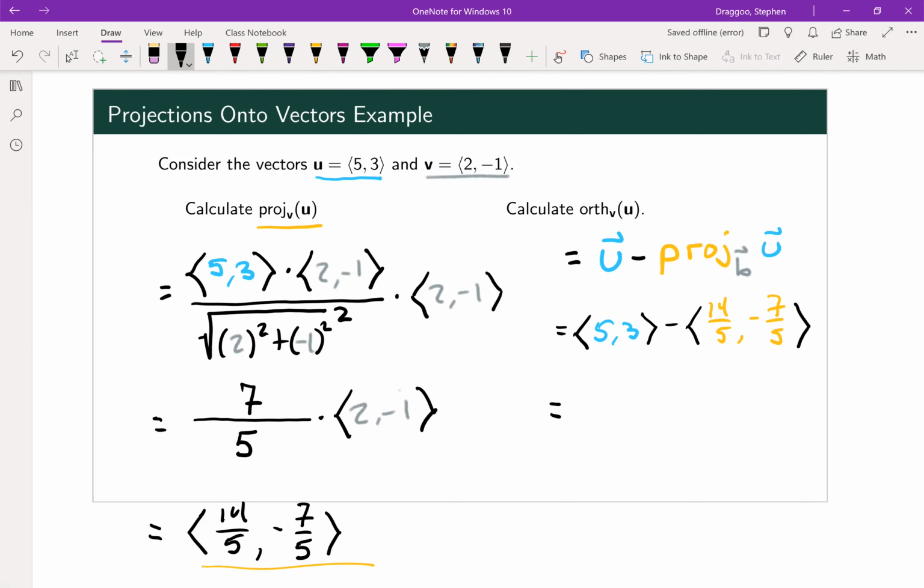And what do we get? 5 is the same as 25 over 5. So 25 minus 14 is 11 over 5, I hope. And then 3 would be the same as 15 over 5. And then we'll take 15 plus 7 to get to 22 over 5.